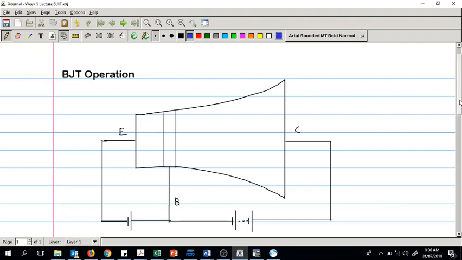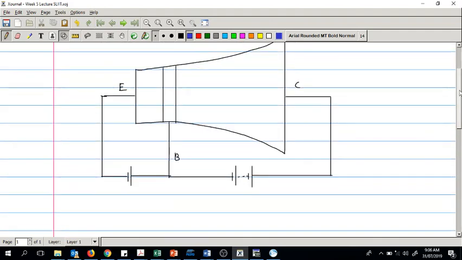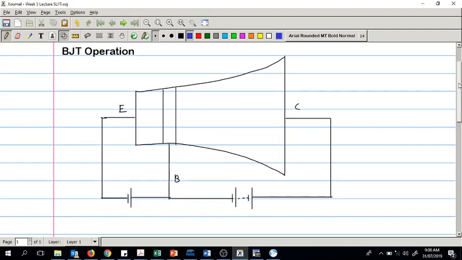Now what happens here? The differences, let's label them. The collector has the largest volume.